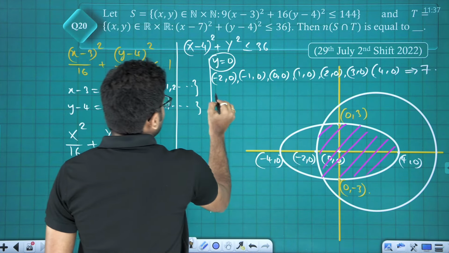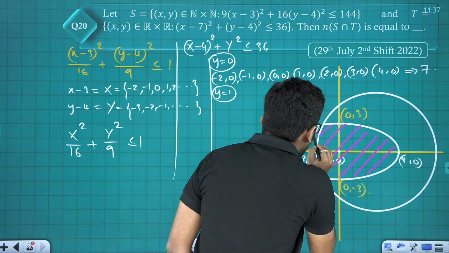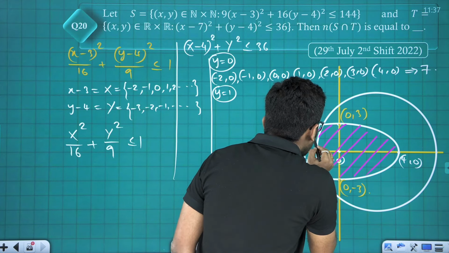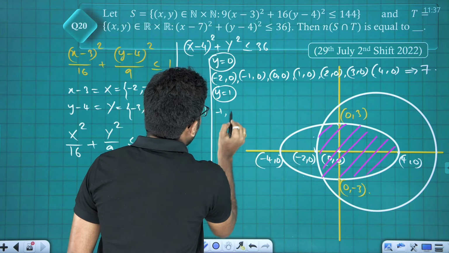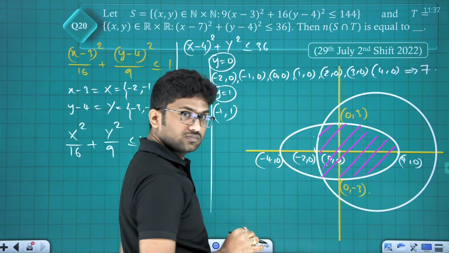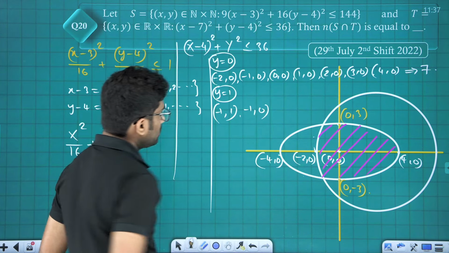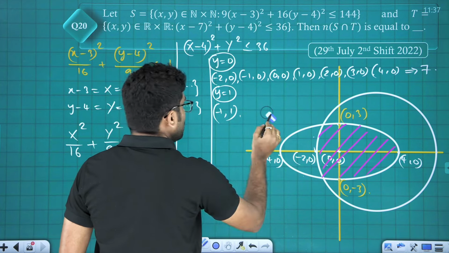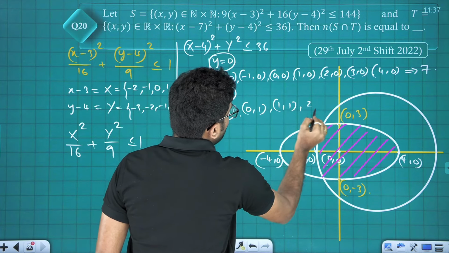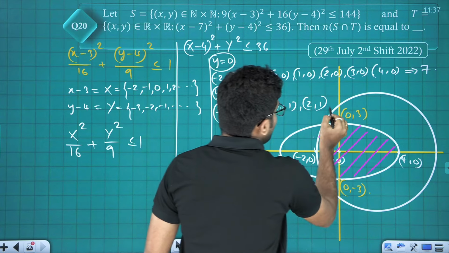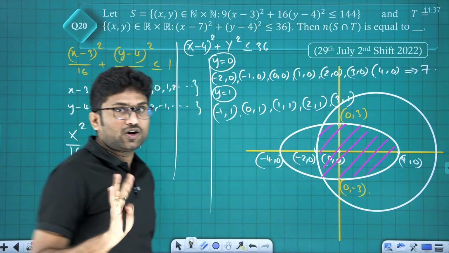Suppose y is 1. See, -2, 1 will be lying outside, so -2, 1 won't be included. We can have -1, 1, 0, 1, 1, 1, 2, 1, 3, 1, and 4, 1 will be lying outside, so we are not including 4, 1.